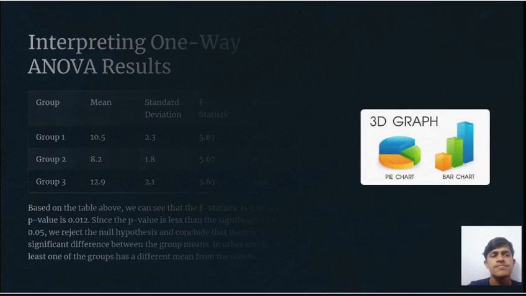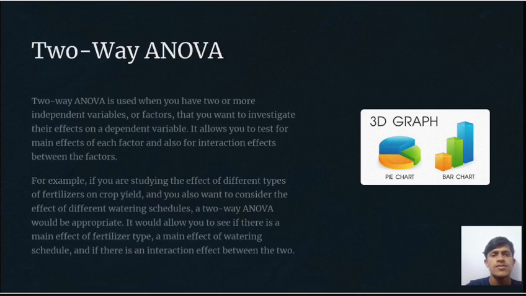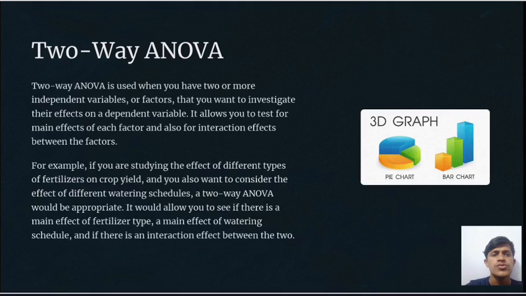Next, the other type of ANOVA is the two-way ANOVA. Two-way ANOVA is used when you have two or more independent variables or factors whose effects on the dependent variable you want to investigate. It allows you to test for main effects for each factor and also for interaction effects between the factors.